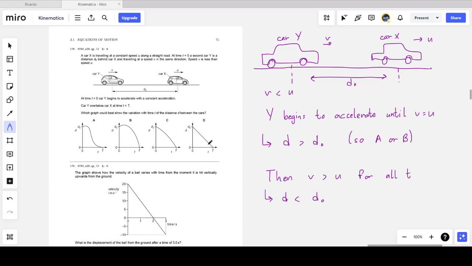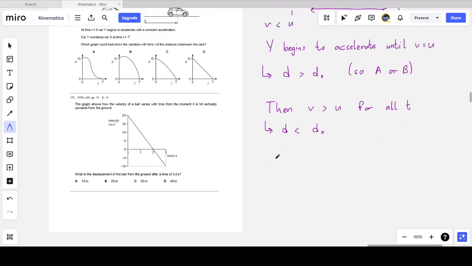So still A or B, but what we know is that the acceleration is uniform. So the rate at which the velocity changes is uniform. This is a constant.